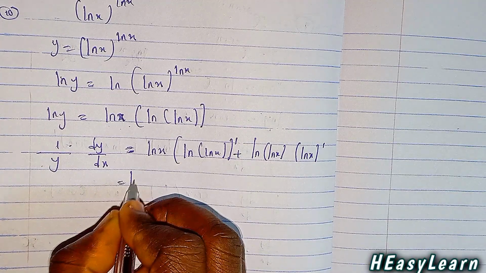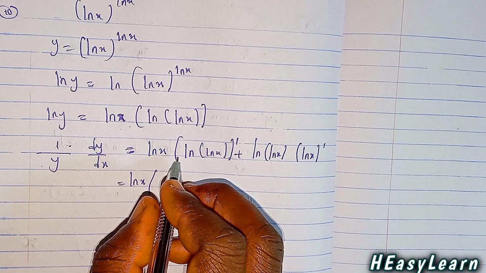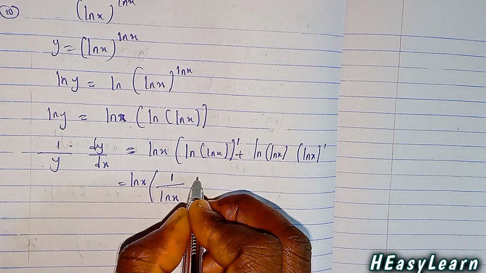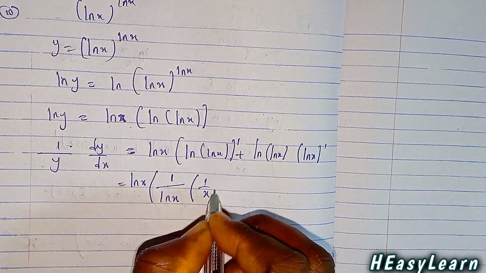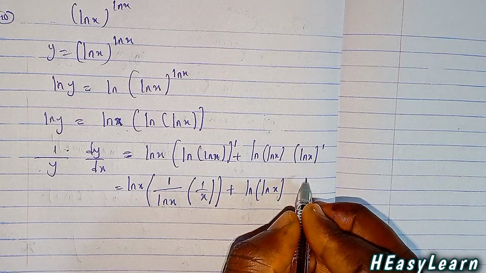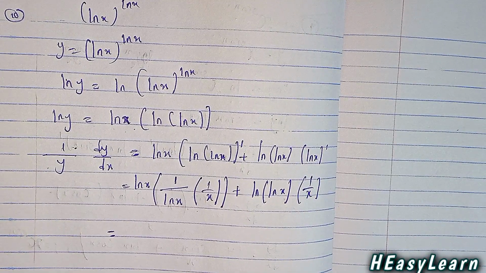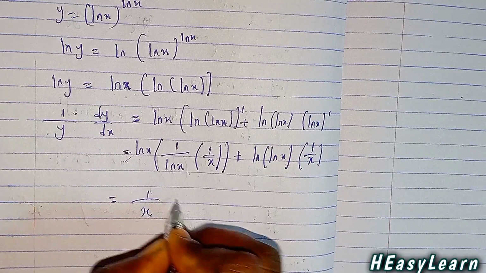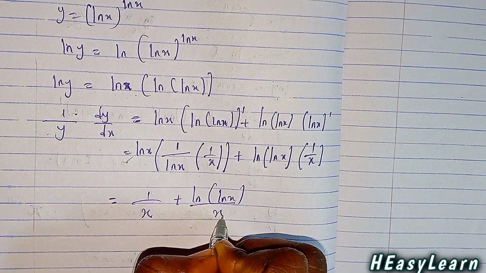This is the same thing as ln x times the differential of ln x. Ln of what is inside: 1 over ln x multiplied by the derivative of the inside, which is 1 over x, plus ln x times the derivative of ln x, which is 1 over x. The ln x will cancel with ln x, left with 1 over x plus ln x divided by x.